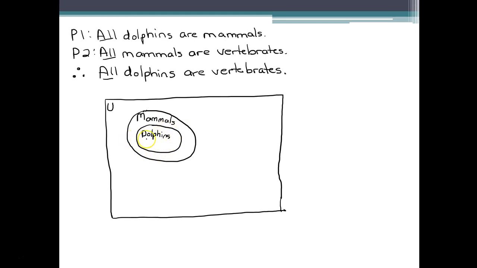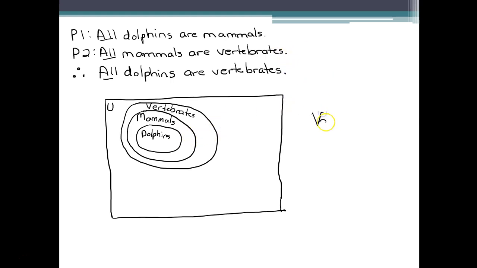Premise 2 says that all mammals are vertebrates. So this entire mammal circle we just drew has to fit inside the vertebrate circle. Those things having backbones. Because of the word all. And based on that, can we conclude that all dolphins are vertebrates? Why, yes.